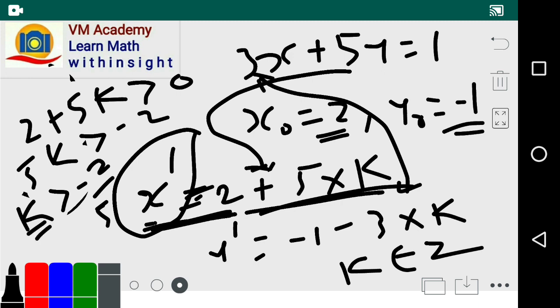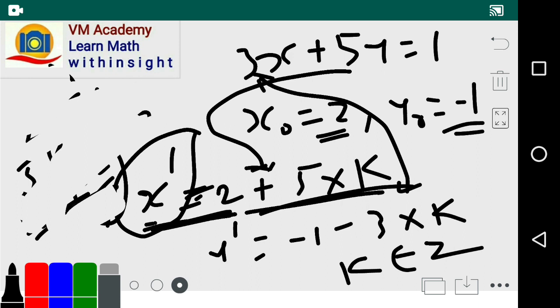So k is an integer and k greater than -2 by 5. That means k must be greater than or equal to 0. From this equation, we get k must be greater than or equal to 0.